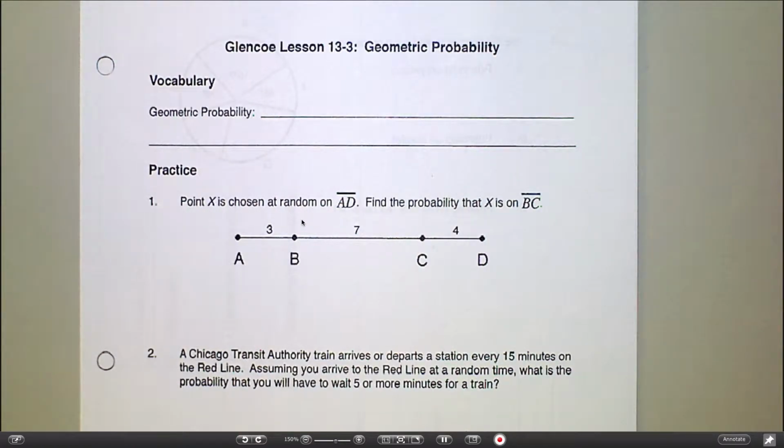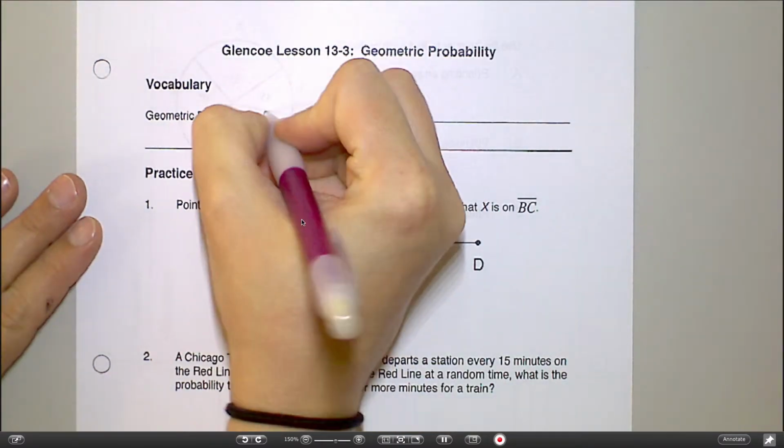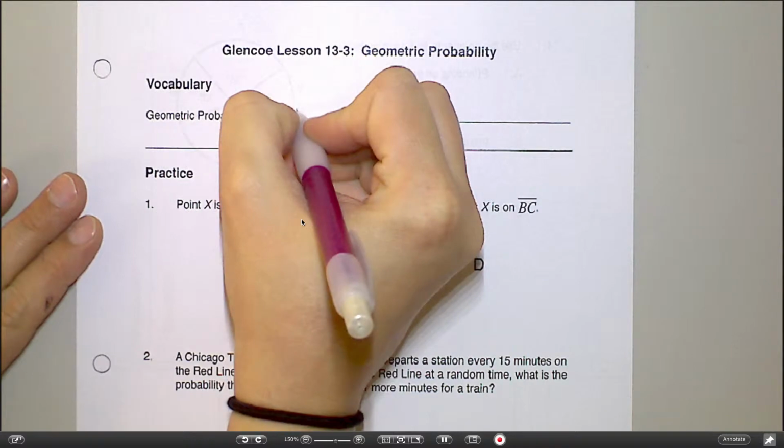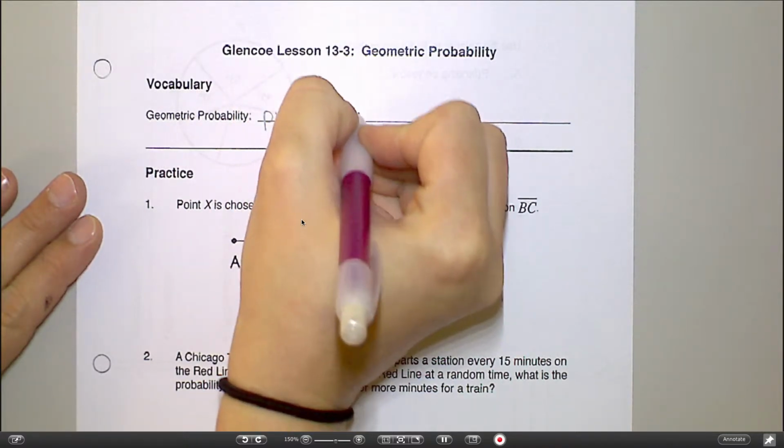Definition here is really kind of a simple definition. It's probability that involves geometry. I guess I'll be a little more specific.